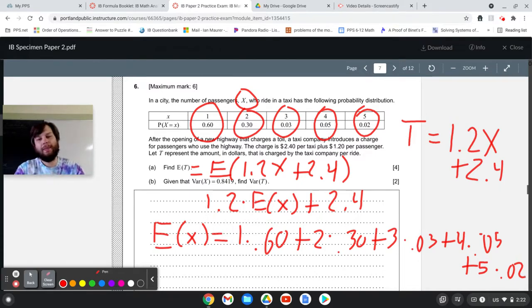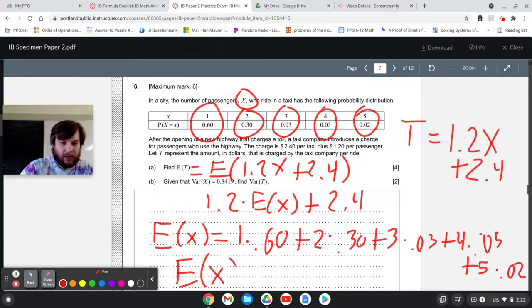And so then just typing in all of that, 1 times 0.6 plus 2 times 0.3 plus 3 times 0.03 plus 4 times 0.05 plus 5 times 0.02 gives me E of x equals 1.59.